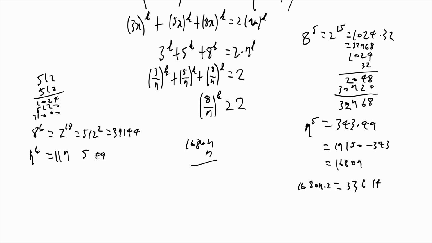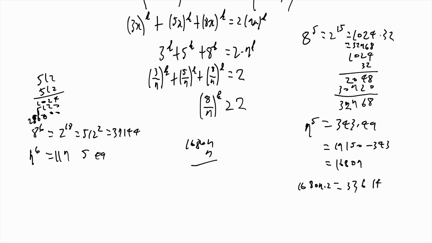Wait, what? How can this be smaller than that? 6 and 25. Oh my goodness.